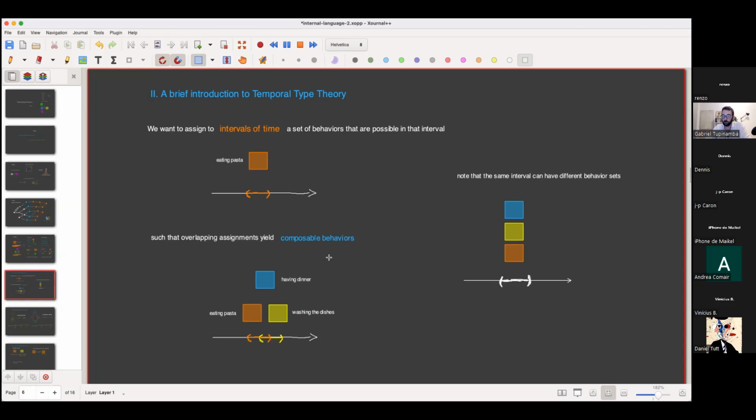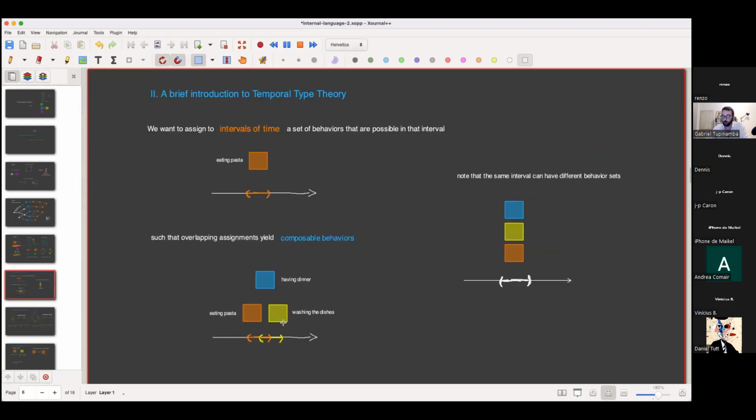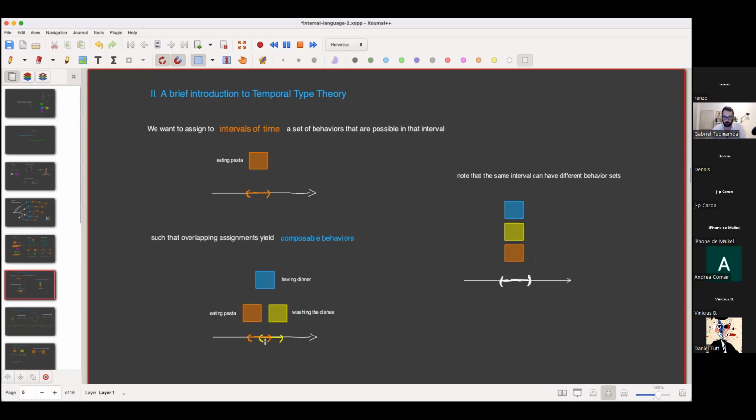So exactly what we were saying in the previous example, there's this set of interactions, some of which may agree on overlap, because now you're washing the dishes. Well, you can say, some people in my family are still eating, so I started washing earlier, or maybe this is part of my routine of having dinner. It still counts as having dinner. So this agreeing on overlaps would apply here. This yellow and orange intervals have some common time period.